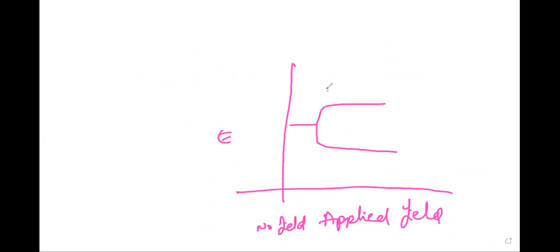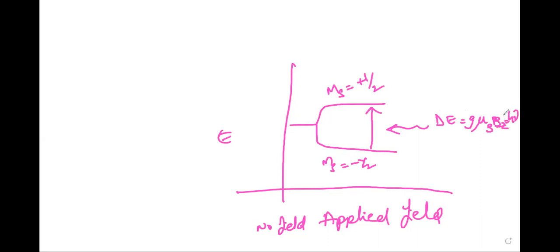Then the spin magnetic moment Ms is equal to plus 1 by 2, and this is Ms equal to minus 1 by 2. Then for the transition between plus 1 by 2 and minus 1 by 2, the energy change delta E is equal to g mu B Bz, which is equal to h nu, where nu is the resonance frequency.